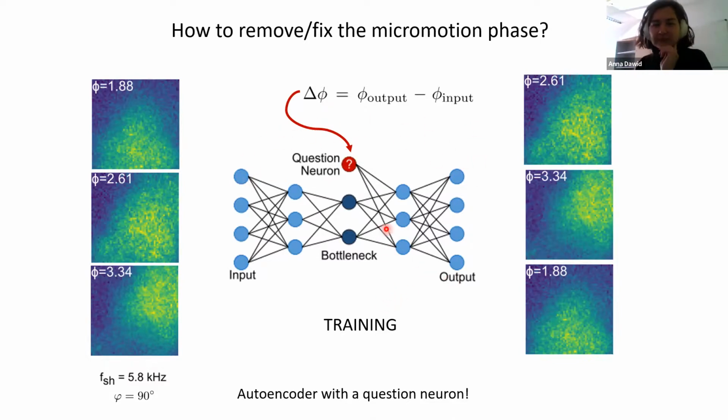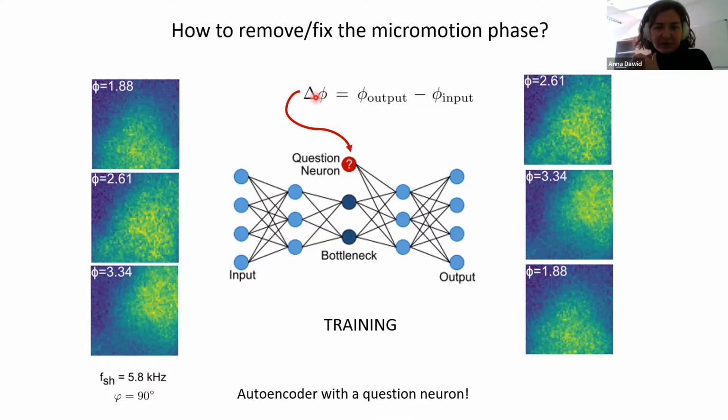But this time, we pair time of flight images which have all the same experimental parameters apart from micromotion. And as a question neuron, we give the difference of the micromotion phase between two images.